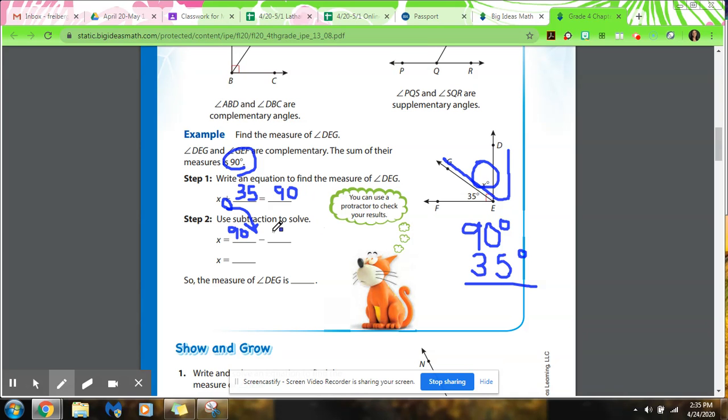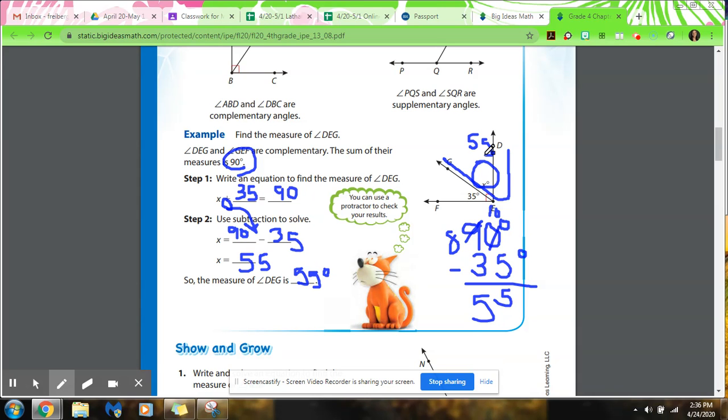90 minus 35. I can't subtract there without regrouping, so 9 turns into an 8, and 0 turns into 10. 10 minus 5 is 5, and 8 minus 3 is 5. So the missing angle is going to be 55 degrees.